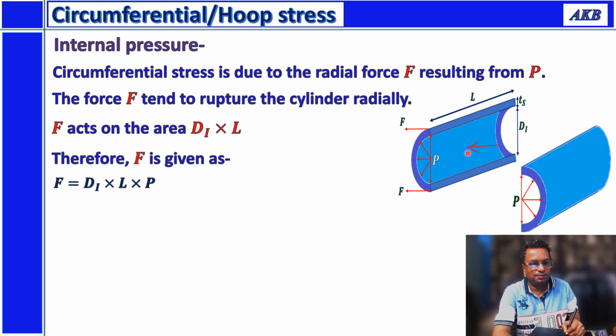So, due to the internal pressure, we have already understood that F is resulting from P. So P acts on the area Di into L, and this is resulting in force F. To be more correct, we can say that pressure P in this case is acting on the area Di into L, and due to its action we are getting force F, and this force is given by this equation.